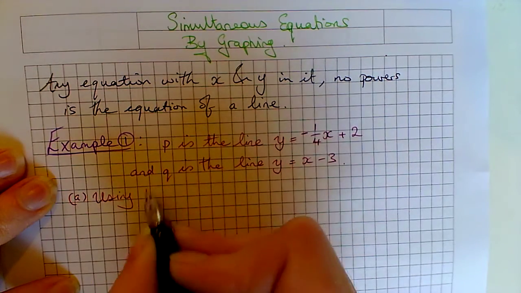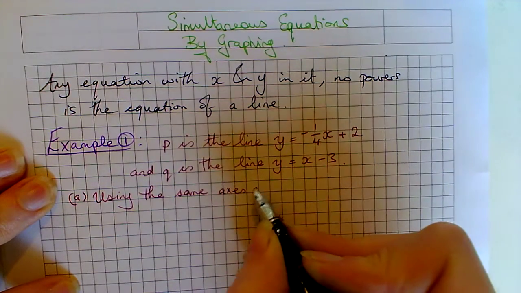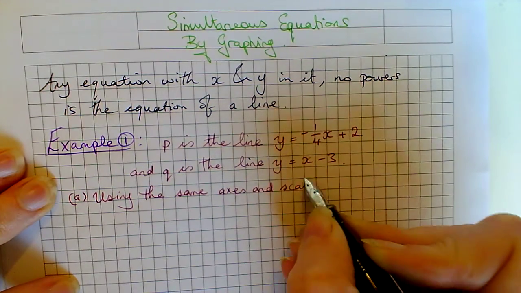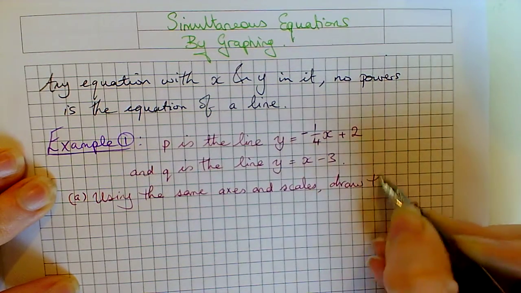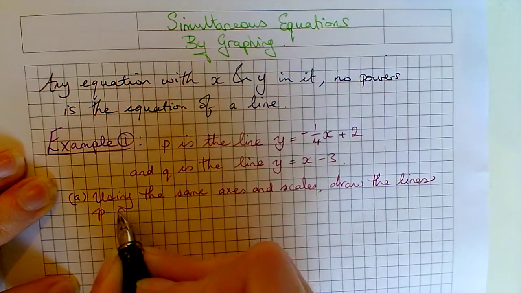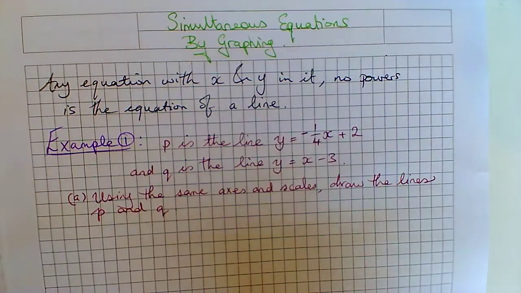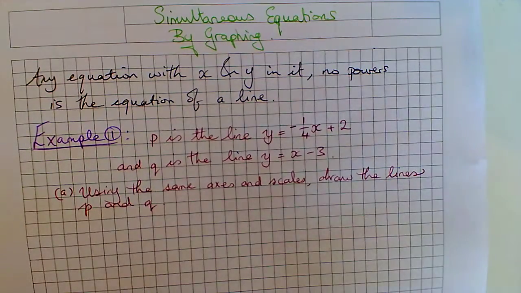Using the same axes and scales, draw the lines P and Q. So P and Q are just names that we're giving the lines. Instead of saying number 1 and number 2, we're just giving them a letter to represent the line.